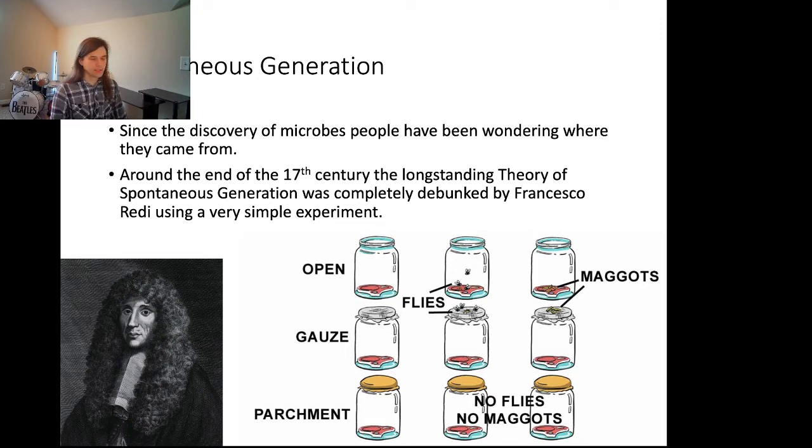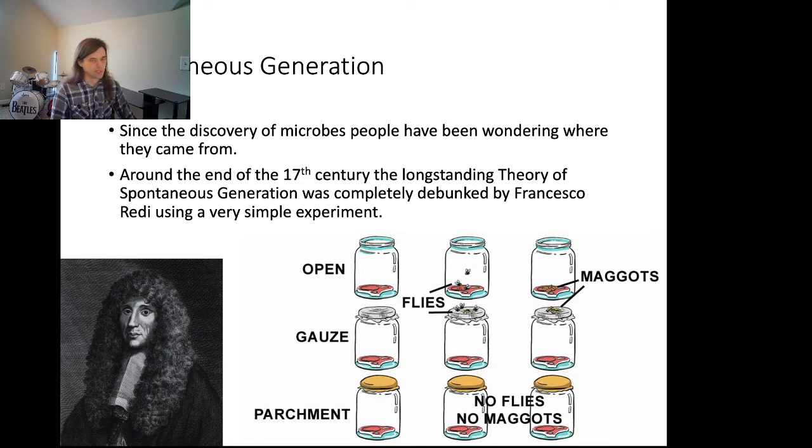Well, now that we've realized that these little things exist, we need to explain not only where little things come from, but big things as well. You've probably heard the concept of spontaneous generation, where life just poofs into existence out of nothing. Well, this guy right here, Francesco Redi, really wanted to disprove that idea. He thought it was kind of silly.